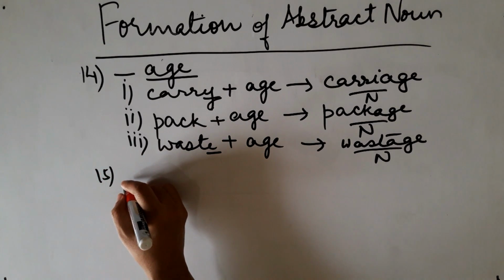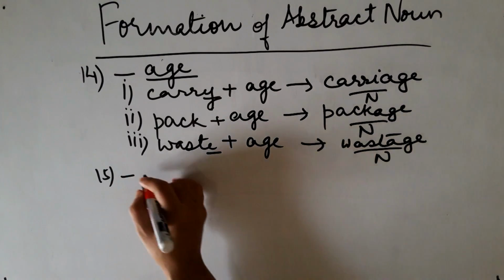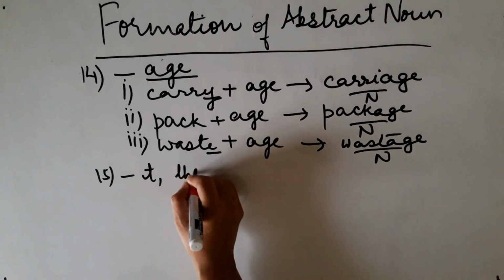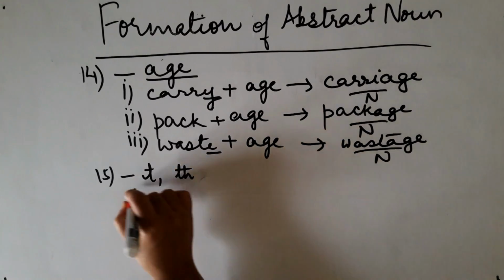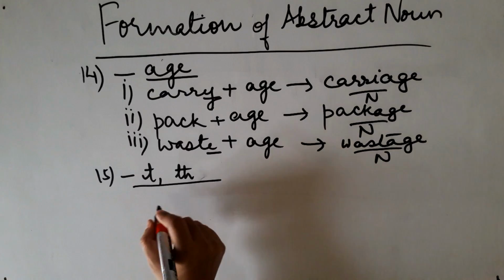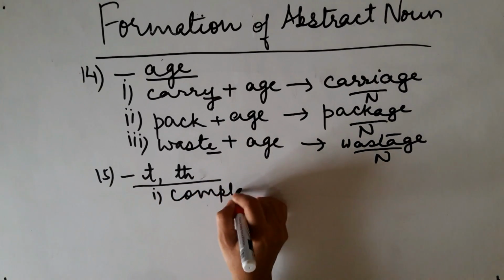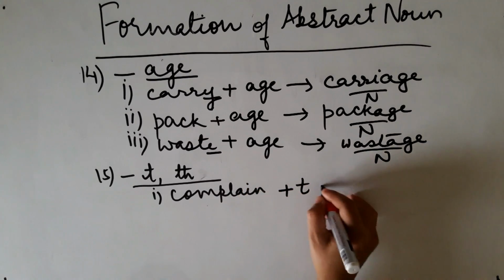Another way, or rather we can say the last technique of changing verb into noun, is by adding t or th to the verb. Either t or th. Words like complain. We simply add t to it.